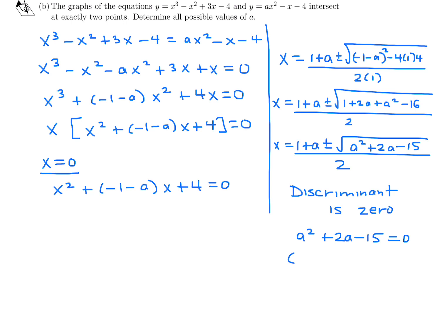Okay, good news is this one factors. Let's see here, 3, 5, positive, negative? Yeah. So that means a is 3 or negative 5. 3 and negative 5 are the values of a.